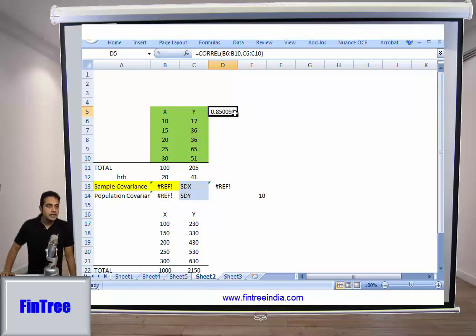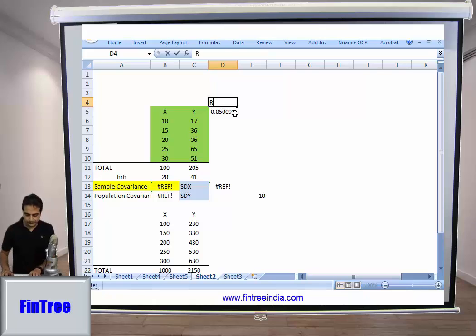Now one question that was raised: is this correlation for sample or population? It is the same. There is no difference between a sample correlation and a population correlation. It's the same number. So once we have a correlation of 0.85, can you estimate what the r square should be here? So r square would be how much?